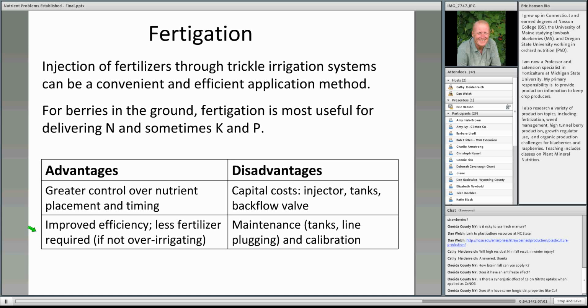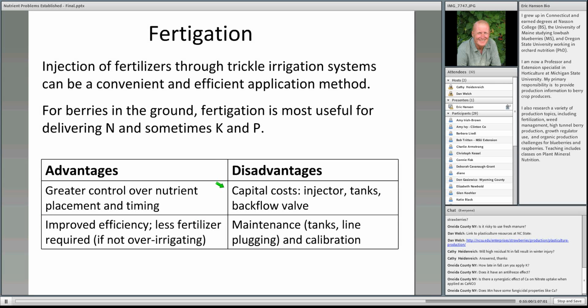For berries in the ground, fertigation is most useful for delivering nitrogen and sometimes potassium or phosphorus. The big advantages are greater control over nutrient placement and timing, and as a result, improved efficiency. So less fertilizer may be required, but there are some caveats to that.